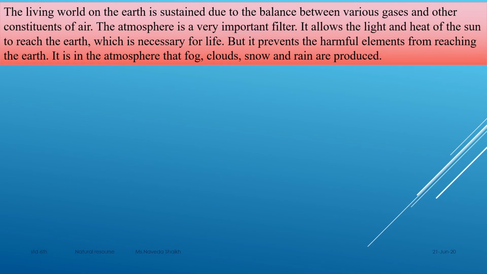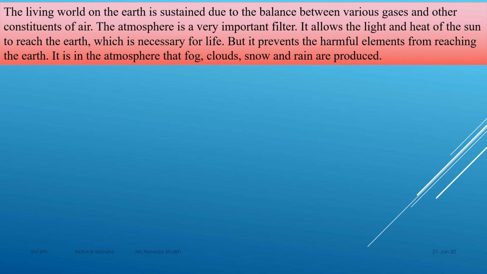Now, in order to have a proper balance on our earth, the atmosphere also has a proper filtration going on, and it is very important that everything is in a proper balanced manner because the atmosphere itself has its filter in it, and it has to maintain a proper balance between various gases and other constituents of air.